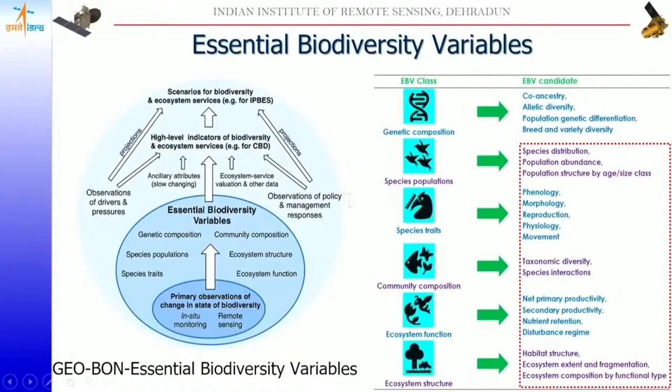So these are the basic parameters which are useful from the remote sensing point of view, which can be derived globally as a standard, and can be used for developing conservation studies as well as management.